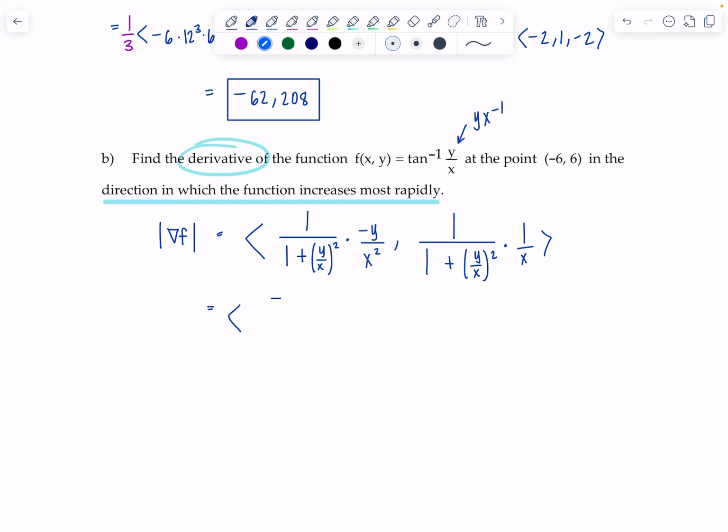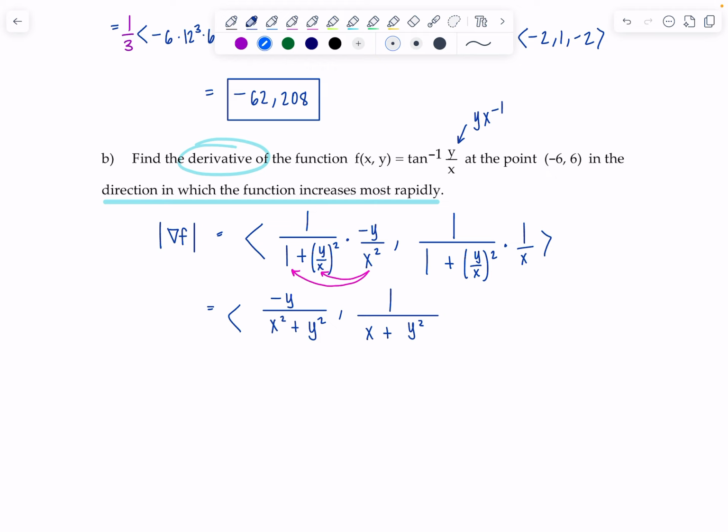So in the numerator here, let's clean up negative y over... This is cute because it's going to distribute. That'll give me x squared, and then that's just going to give me y squared. And then here, this is 1 over x plus y squared. It's not making it better, is it?